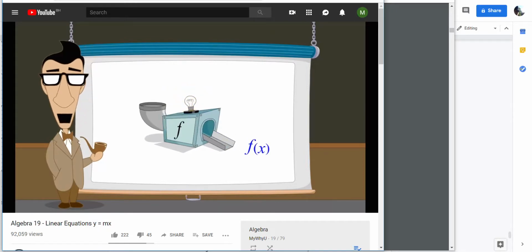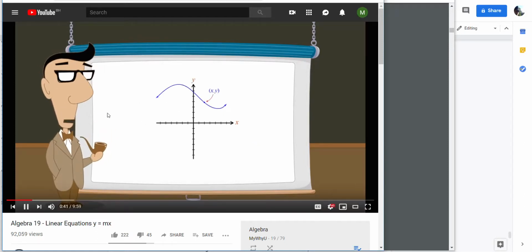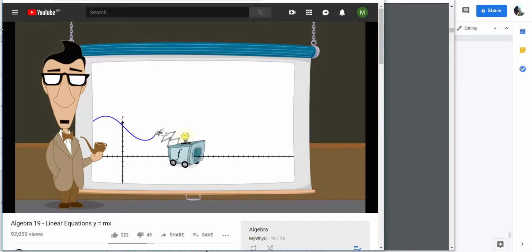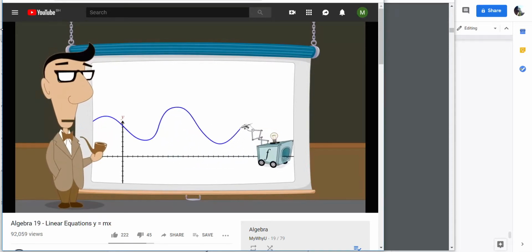When x is used as the input variable, the output value is typically assigned to the variable y, called the dependent variable. These values of x and y can be visually represented on the Cartesian plane. This visual representation is called the graph of the function, and the process of creating it is called graphing the function.